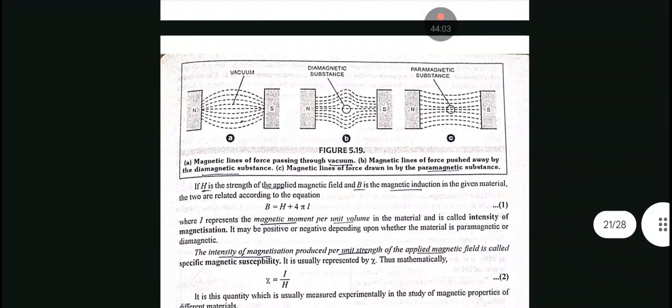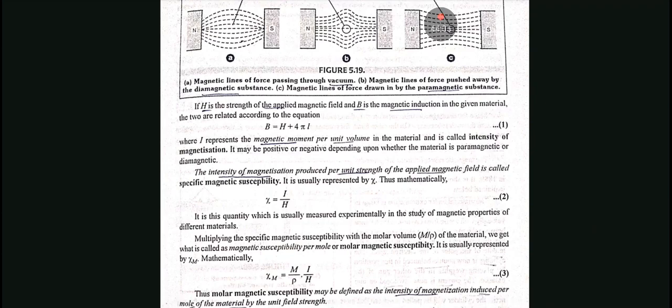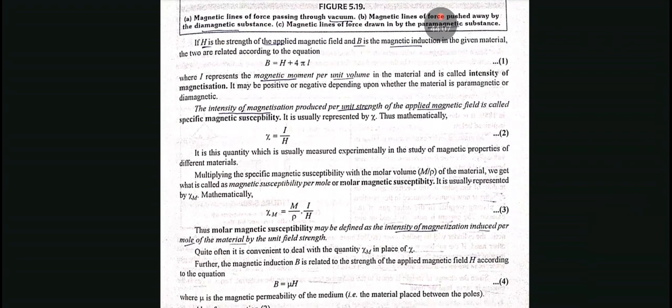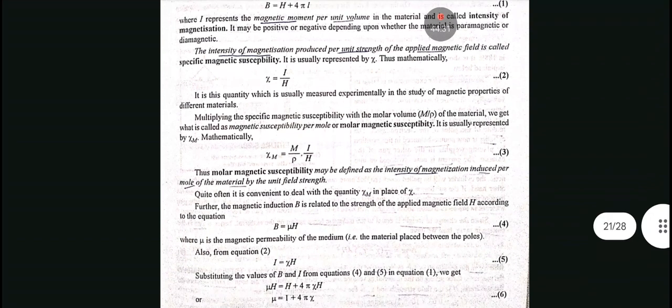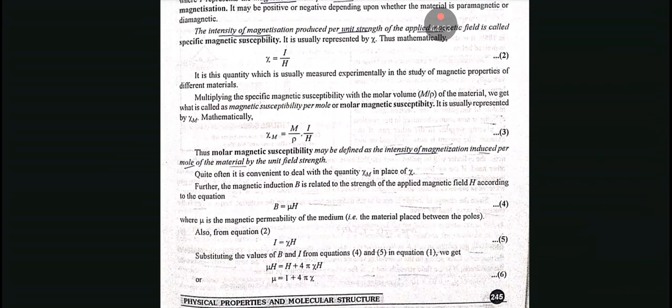If H is the strength of the applied magnetic field and B is the magnetic induction in the given material, the two are related according to the equation B is equal to H plus 4 pi I. I represents the magnetic moment per unit volume of the material, called the intensity of magnetization. It may be positive or negative, depending upon whether the material is paramagnetic or diamagnetic. The intensity of magnetization produced per unit applied magnetic field is called specific magnetic susceptibility.